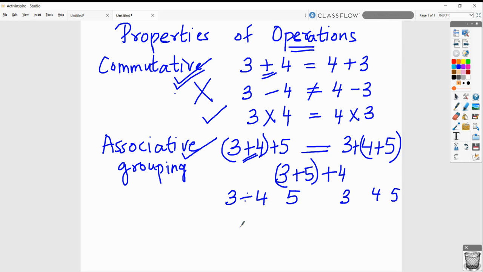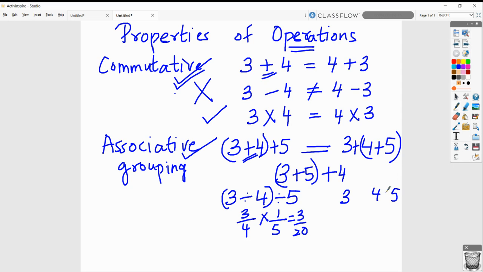First I will do 3 divided by 4, then I will divide by 5. What will we get? 3 divided by 4 means 3 by 4. Divided by 5, you know that for fractions, division changes to multiplication by the reciprocal. You will get 3 by 20.